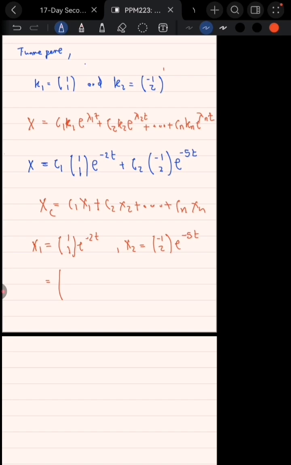x1 will be (e to the power minus 2t, e to the power minus 2t), and x2 will be (minus e to the power minus 5t, 2e to the power minus 5t).